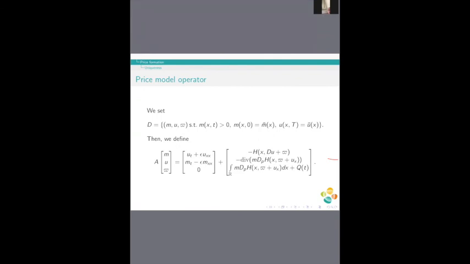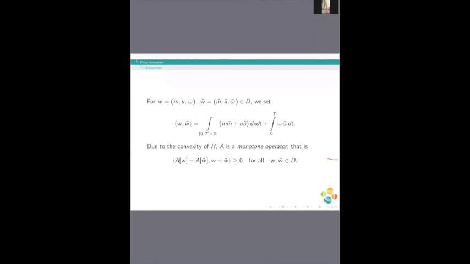And it's just a simple computation to check that this operator is monotone in this L2 sense. And it's strictly monotone under mild conditions.